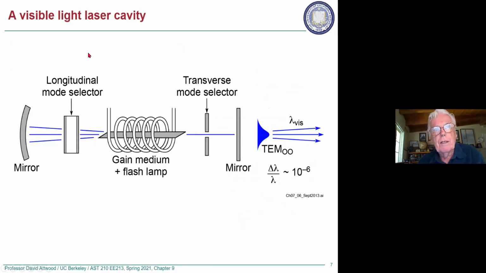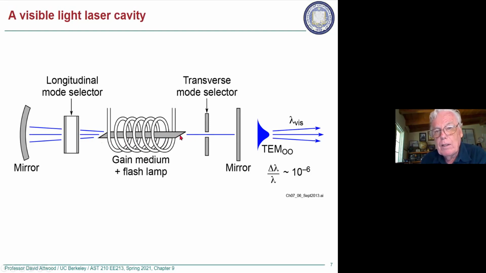So here's our classical visible light laser and laser cavity. So here's the lasing medium, which could be a ruby rod, for instance. It's cut at Brewster's angle, so there's no reflections going back and forth. There's no reflection at the Brewster angle, as you recall, right?